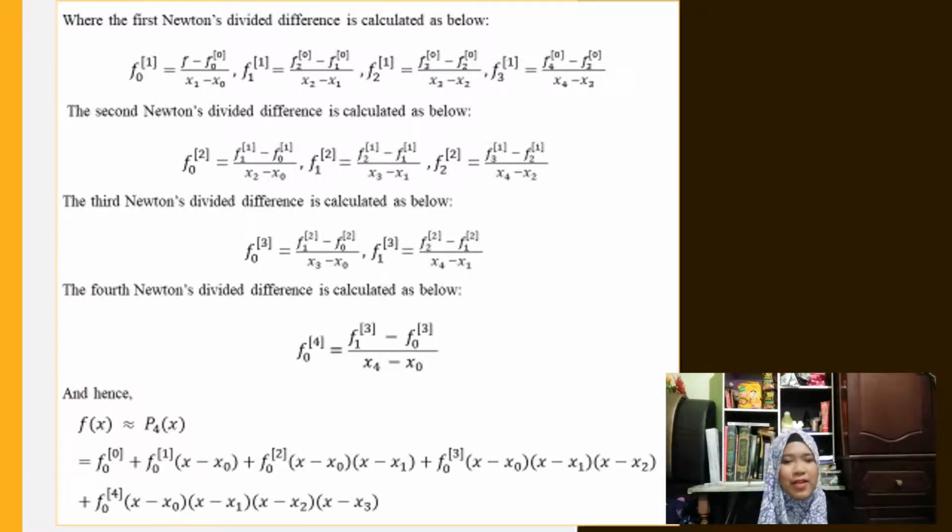F02 equals F11 minus F01 divided by X2 minus X0. F12 equals F21 minus F11 divided by X3 minus X1.